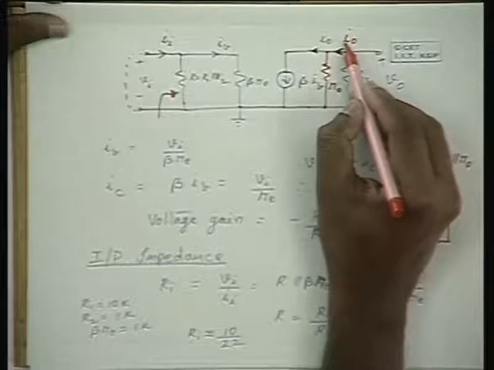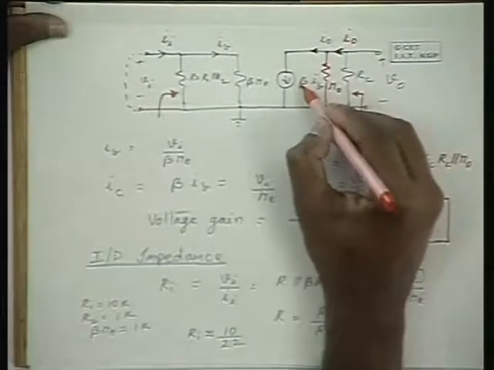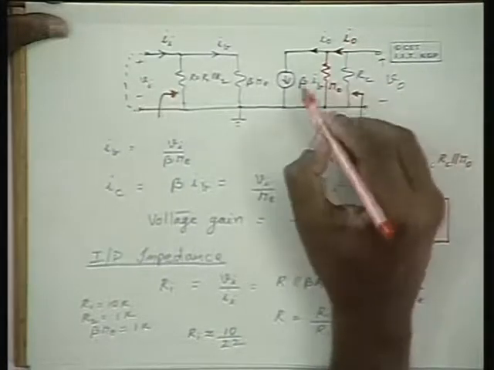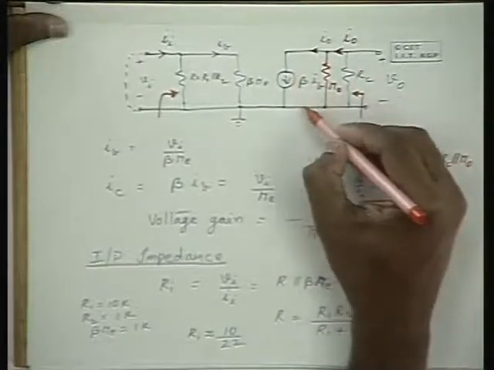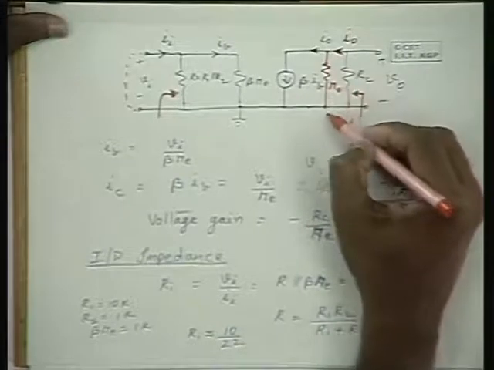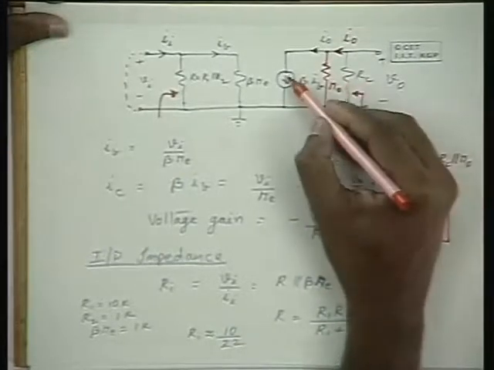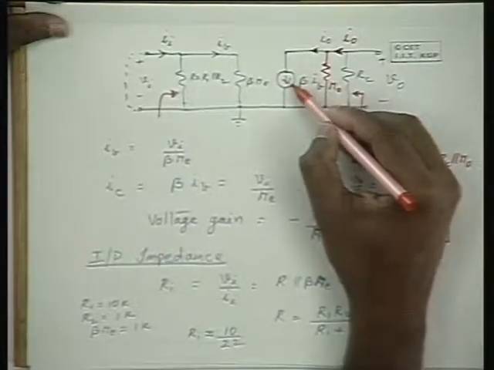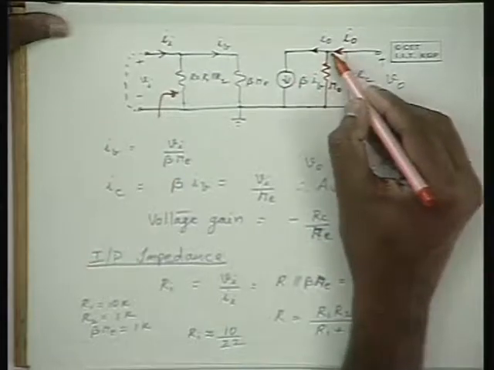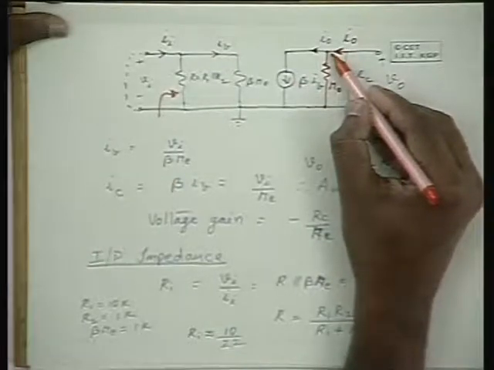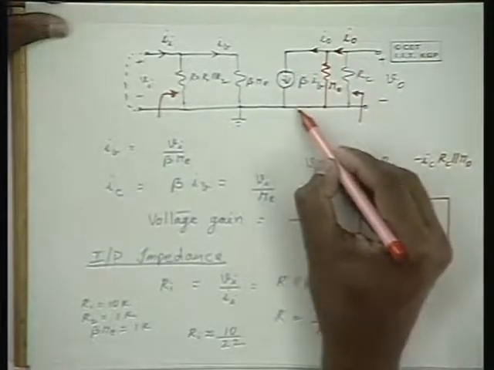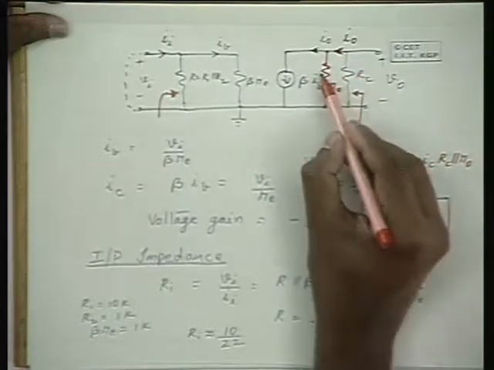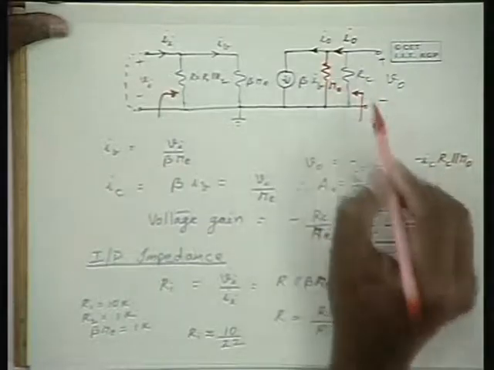This I0 is a fraction of beta IB, because beta IB gets divided between R0 and RC, and the part of the current that flows through RC makes our I0. Therefore, this I0 is beta IB multiplied by R0 divided by R0 plus RC.